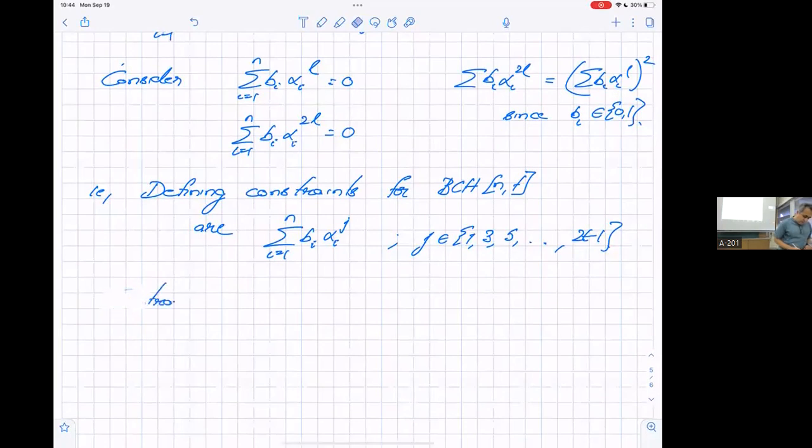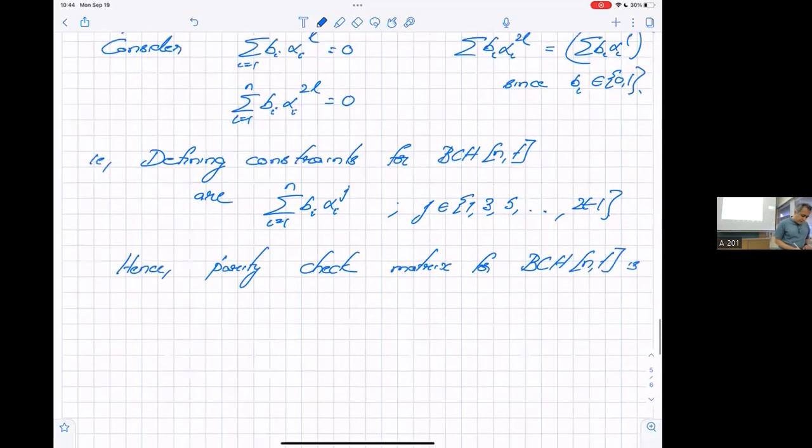So hence, let's write it down. The parity check matrix for BCH is the following.